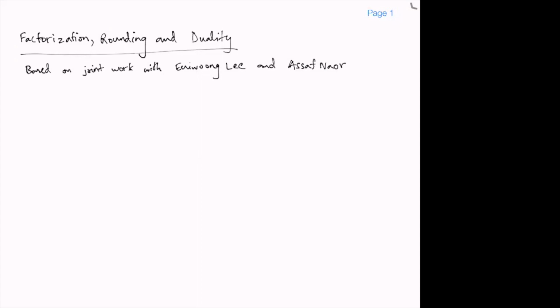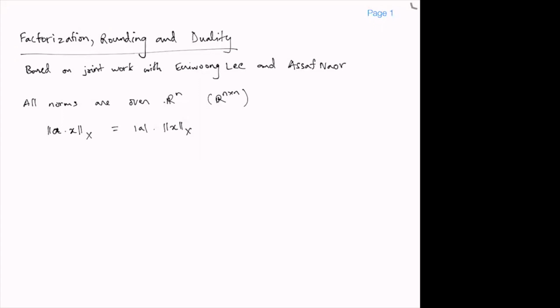So all norms in this talk are over R^n, and sometimes norms are over the space of matrices R^(n×n). Just as a reminder, a norm is an absolutely homogeneous convex function satisfying the triangle inequality. That is, the norm of a times a vector x is always equal to the absolute value of a times the norm of x.